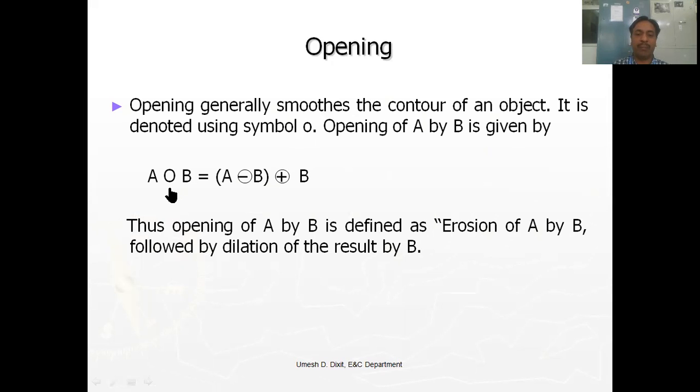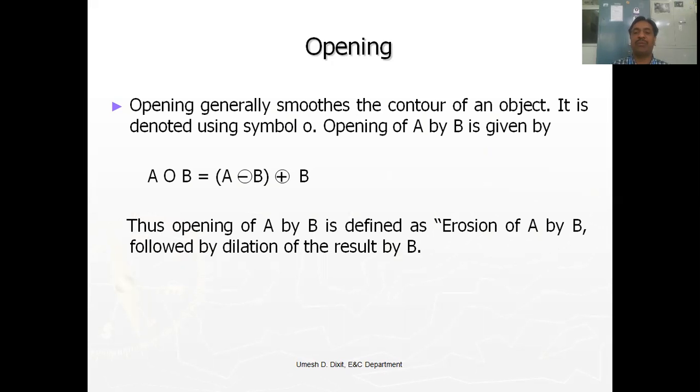So opening of A by B can be defined as erosion of A by B followed by dilation of the result by B. If you look at the equation, you can easily understand that we first carry out erosion of A by B, and whatever result we get from it is then dilated by B. This operation we call morphological opening.